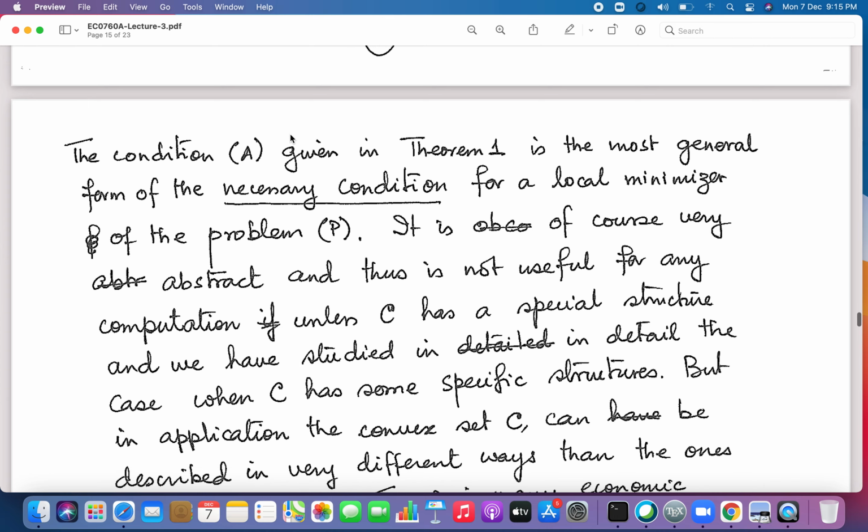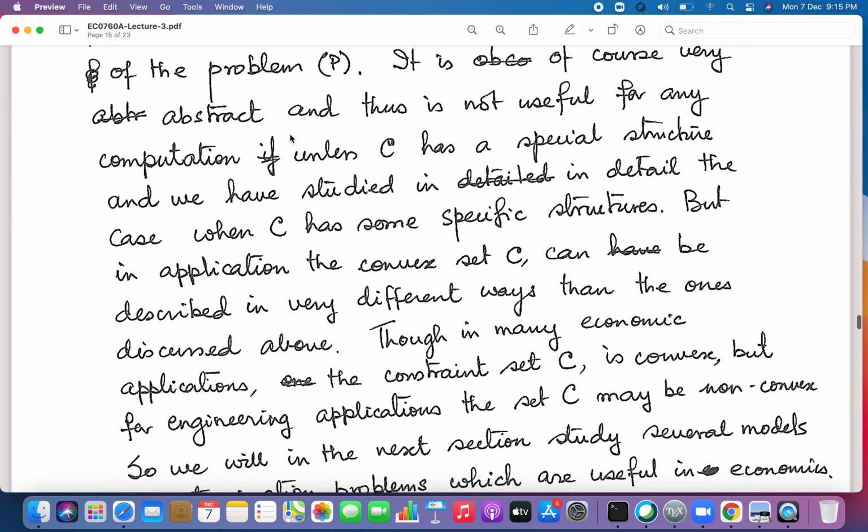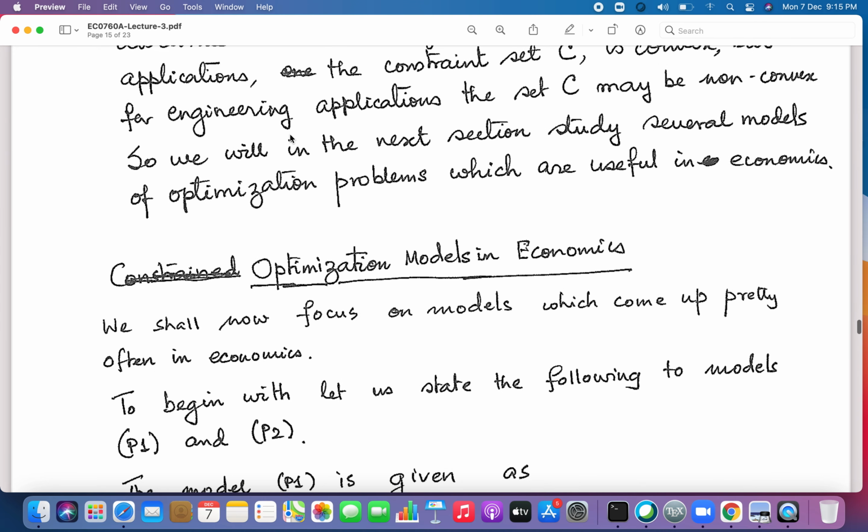In the next class we will talk about specific optimization models in economics, where C would be given a special structure by some inequalities. We will focus on certain optimization models which come in economics. We will not get into more details here, because time would run out.